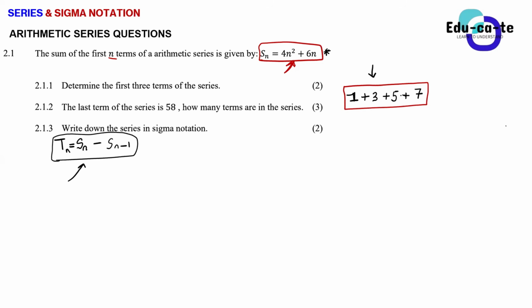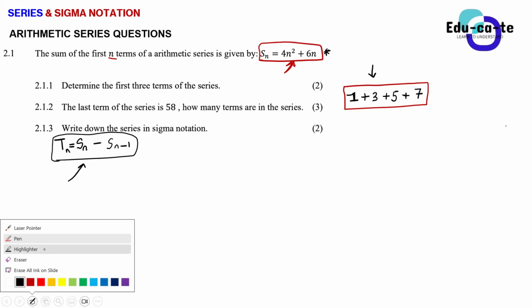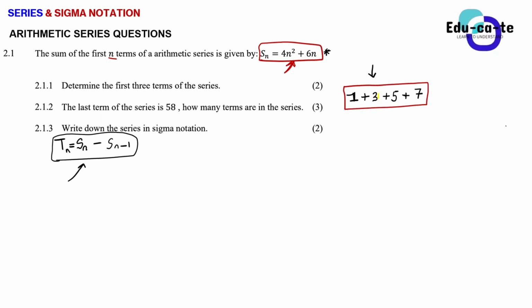We have this example of an arithmetic series with a constant difference of 2. The first term is 1, the second is 3, the third is 5, the fourth is 7. Are you guys able to see this arithmetic series that we have? Yes, it's an example. I just want to show you where this formula came from, or why this formula always works.